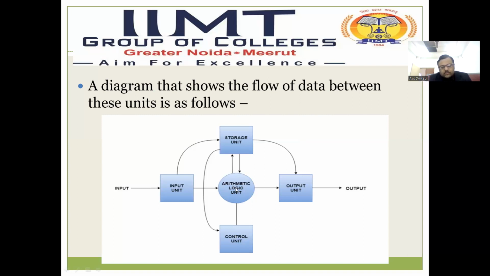The arithmetic logic unit and control unit together are called the CPU. After processing, the arithmetic logic unit gives data to the output unit. The output unit takes data in machine language and converts it into human acceptable form.